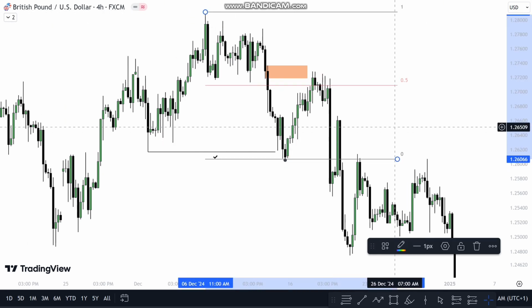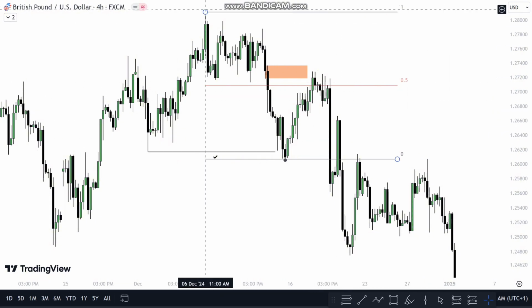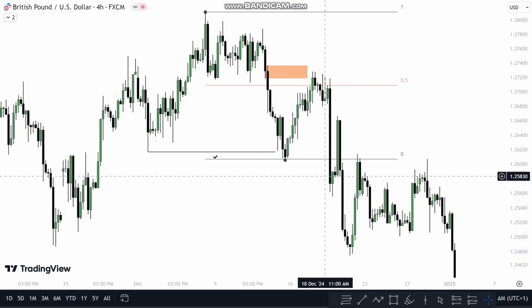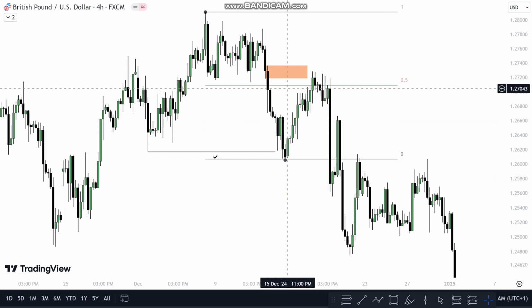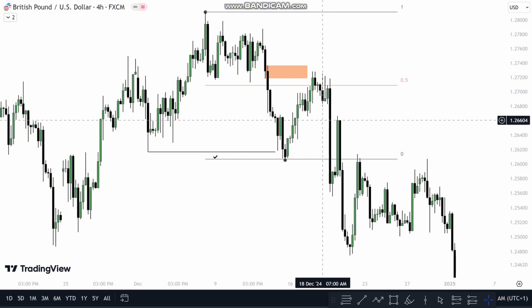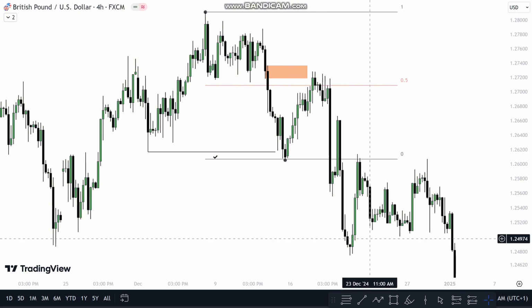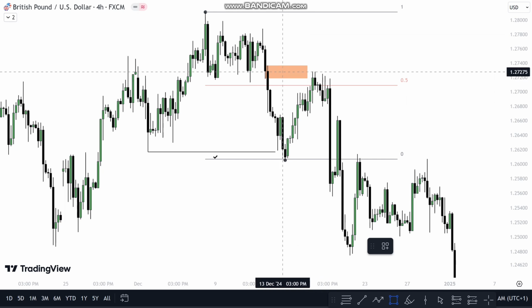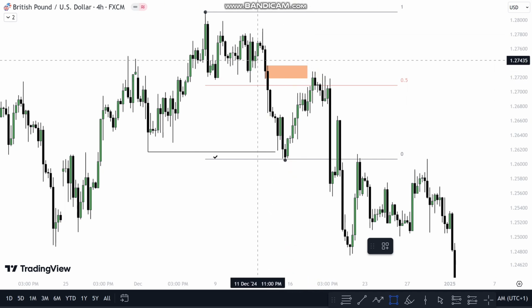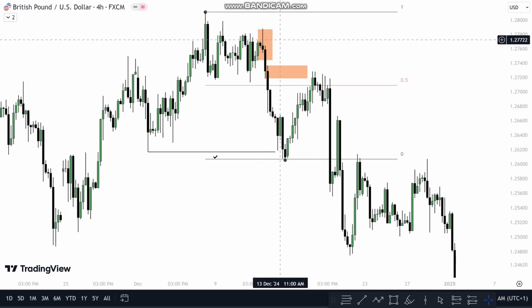Okay, and not just the 50%, we have the range from this high to this low, and we're looking at this leg down. Where is our demand or supply areas? But since we're in a downtrend, we're only going to be looking for supply zones to sell from. Okay, so first of all, we have this hidden supply here, and the second one is around this region.